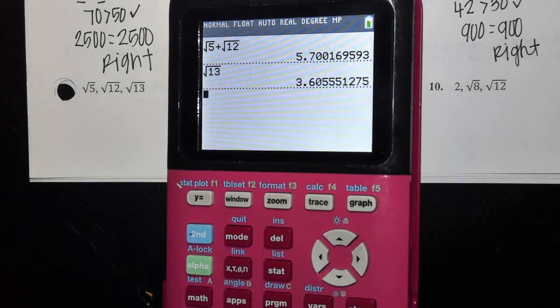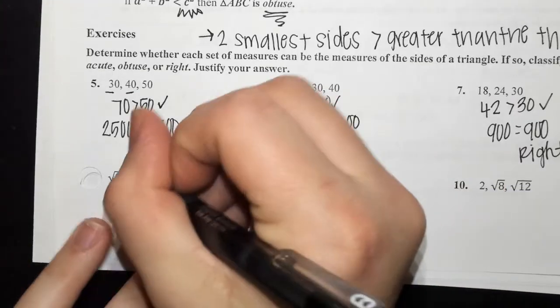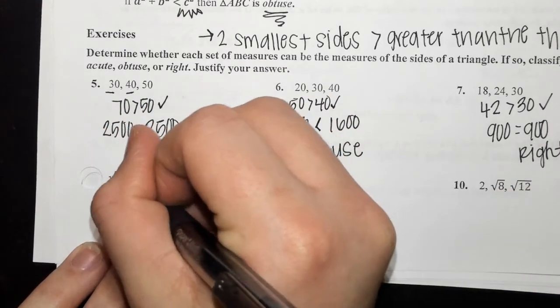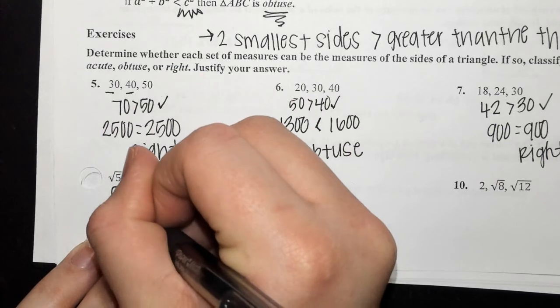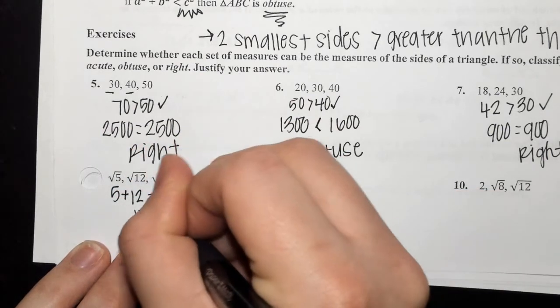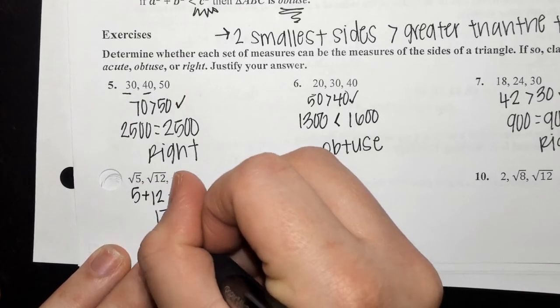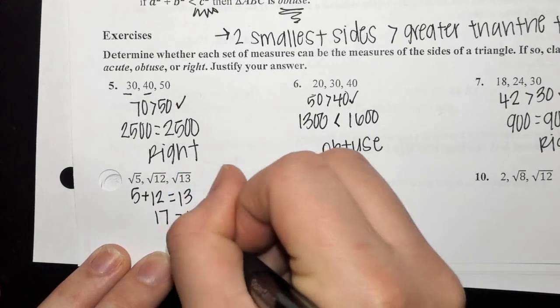Yes. Okay, so we can move on. Now, when you square the square root of 5, it just becomes 5. When you square the square root of 12, it just becomes 12. So then 5 plus 12 is 17, which is greater than 13, which makes it acute.